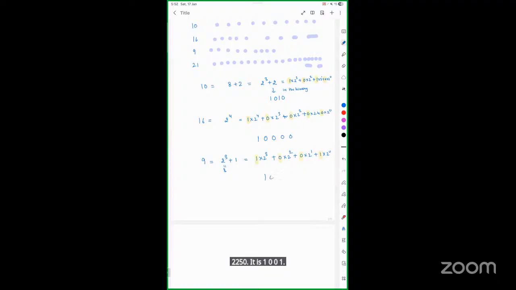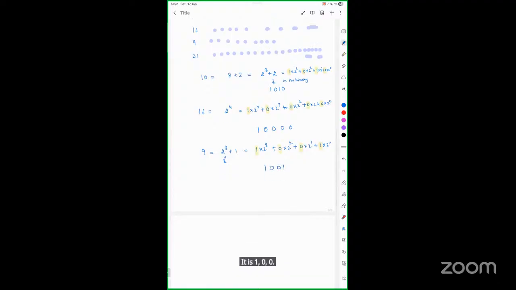Now 21 you can write as 16 plus 4 plus 1, which is 2 to the power 4 plus 2 squared plus 1. So it is 1, 0, 1, 0, 1.